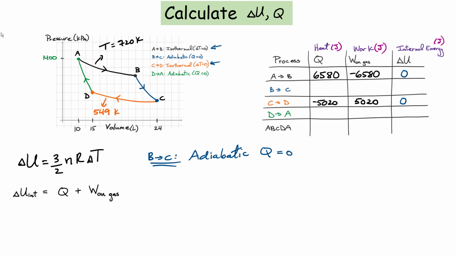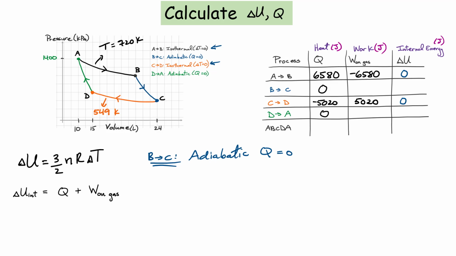So whenever you have an adiabatic process like this, you simply go to your table and you put 0 here for the heat. So if you look at the first law of thermodynamics for both of those processes, it means the change in internal energy has to be the work done on the gas, right? Because Q is going to be 0 for those cases.